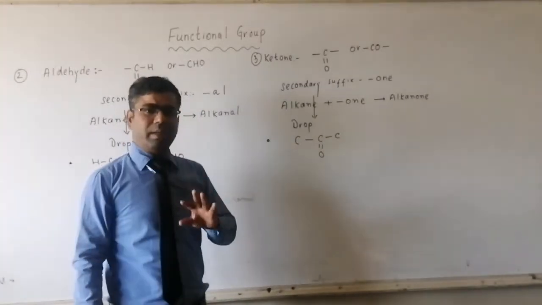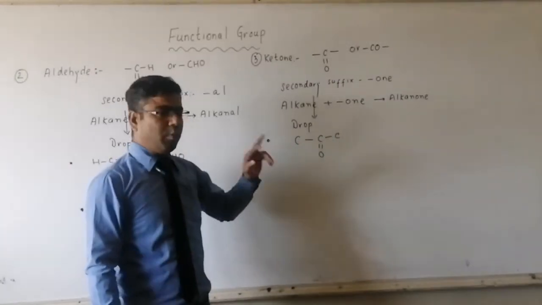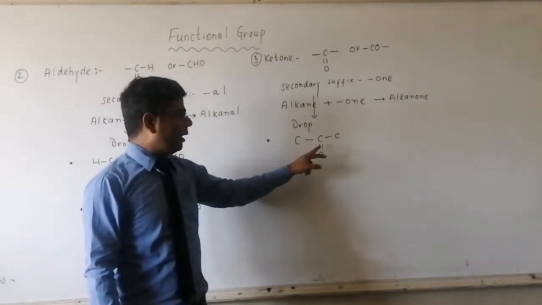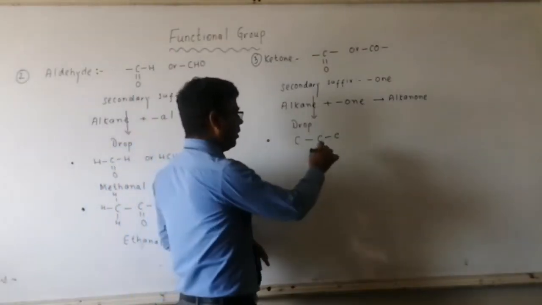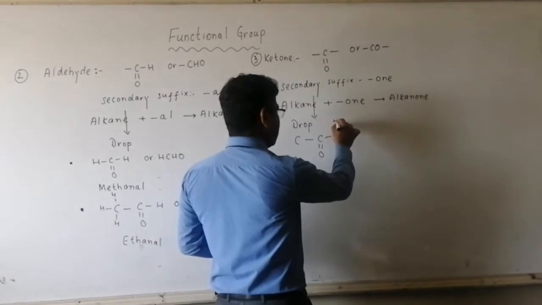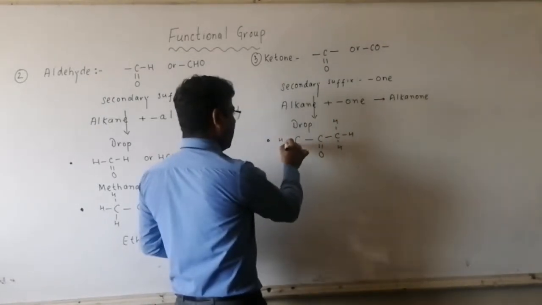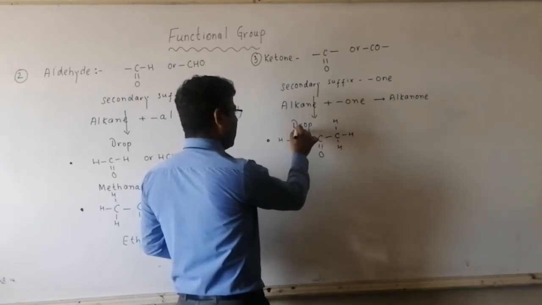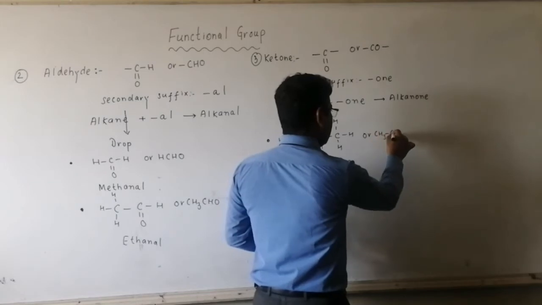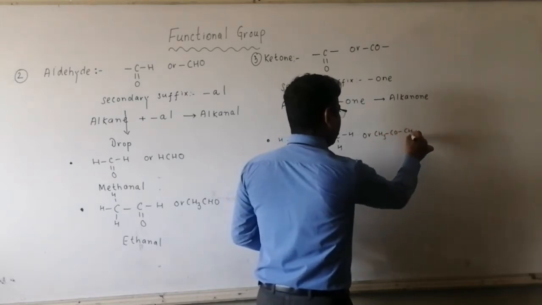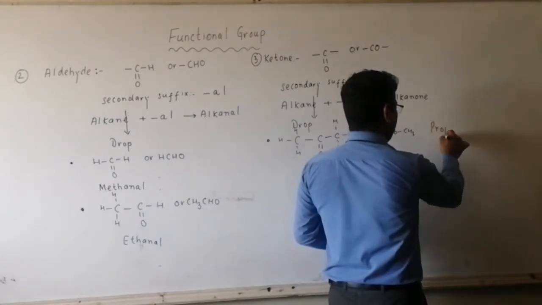The valency of the non-terminal carbon atom is completed: it's forming 4 bonds, 1, 2, 3 and 4. The terminal carbons are forming only 1 bond each. So here we have to place hydrogen, hydrogen, hydrogen, and here also hydrogen, hydrogen and hydrogen. It can be written as CH3COCH3. This compound is called propanone.